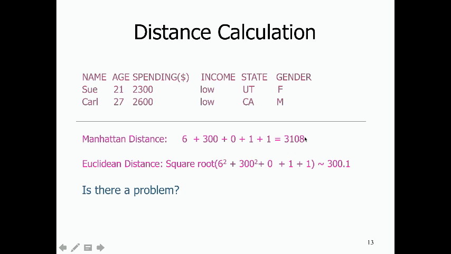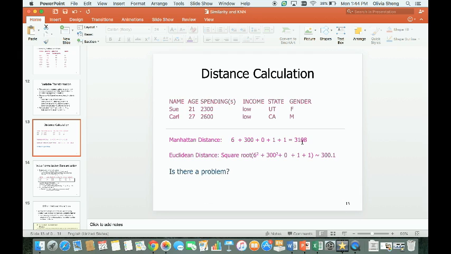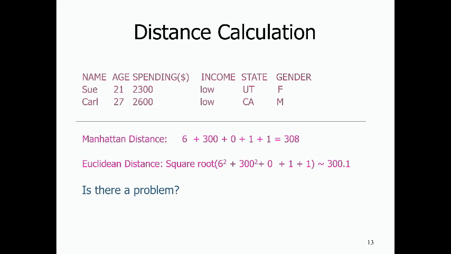So the Manhattan distance value now becomes, sorry, it should be 308, not 3108. And the Euclidean distance should be 301.